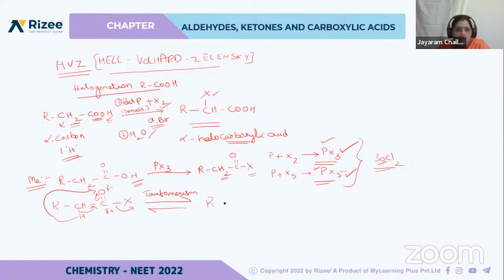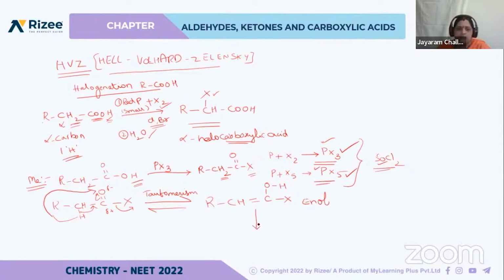So what we finally get is R CH double bond C X, with O and H here. What is this product name? This is enol.